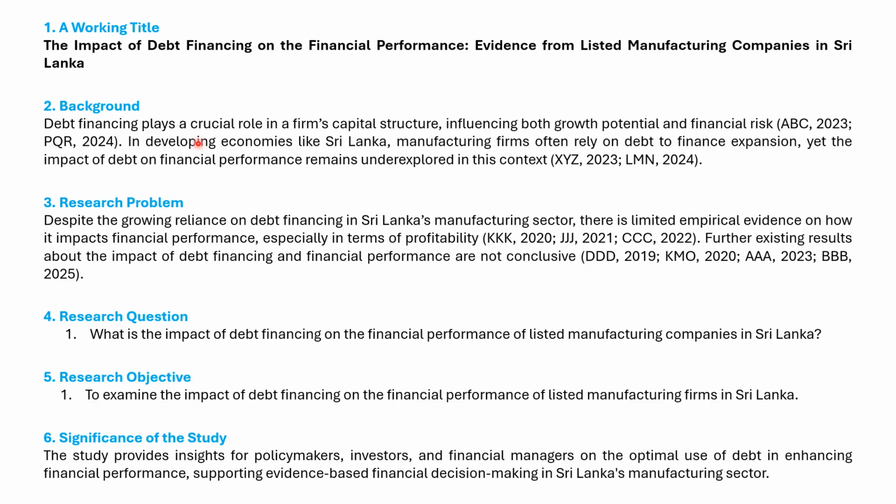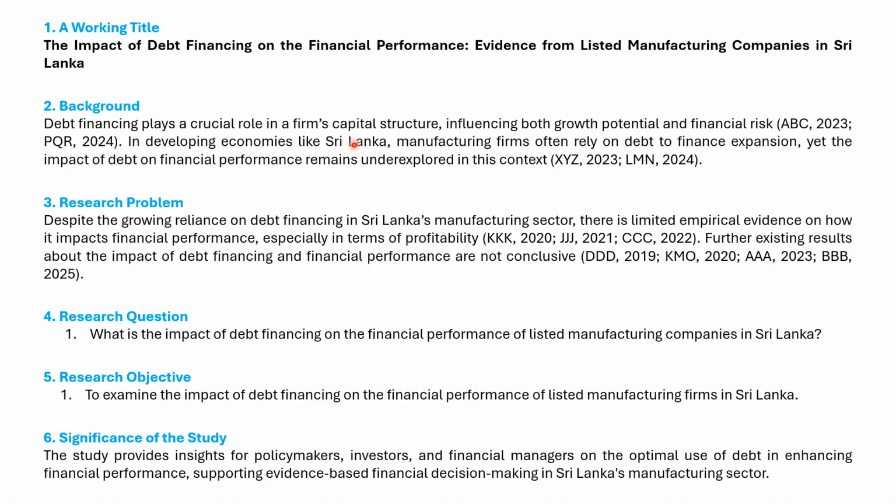Likewise. Now here you can see under the background, it has been written like debt financing plays a crucial role in a firm's capital structure, influencing both growth potential and financial risk. These are some of the example references.